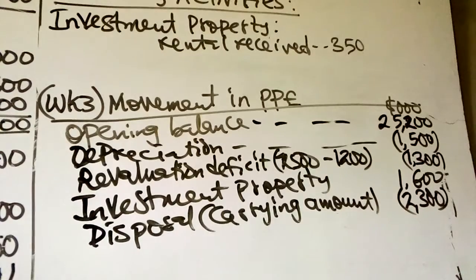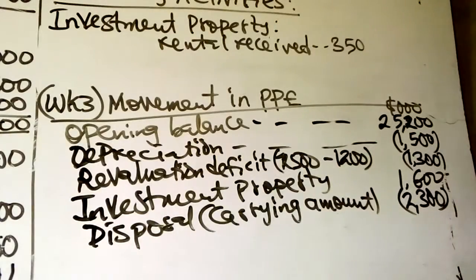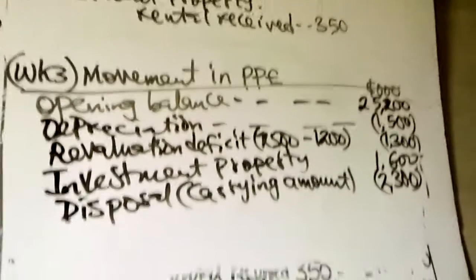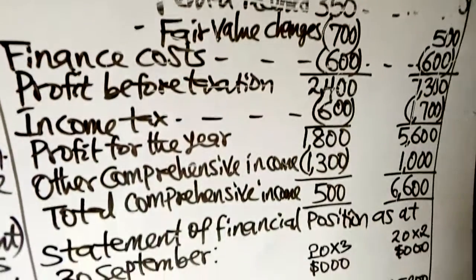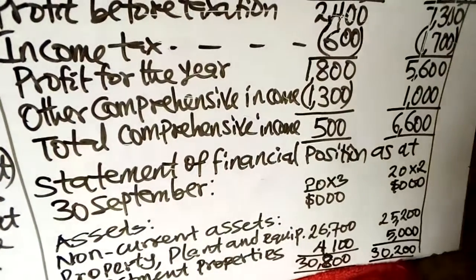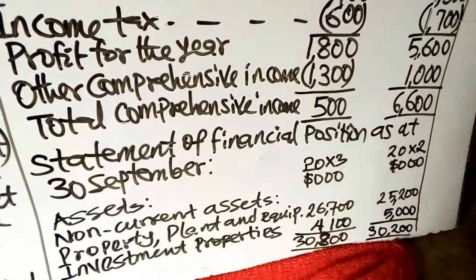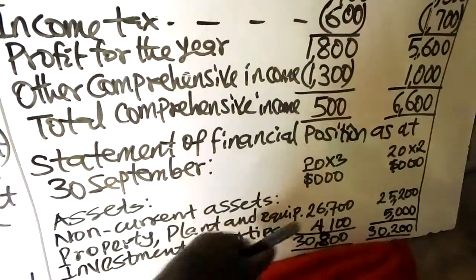We have considered the opening balance, depreciation, disposal, investment property and revaluation. Then the closing balance of the PPE is 26,700.